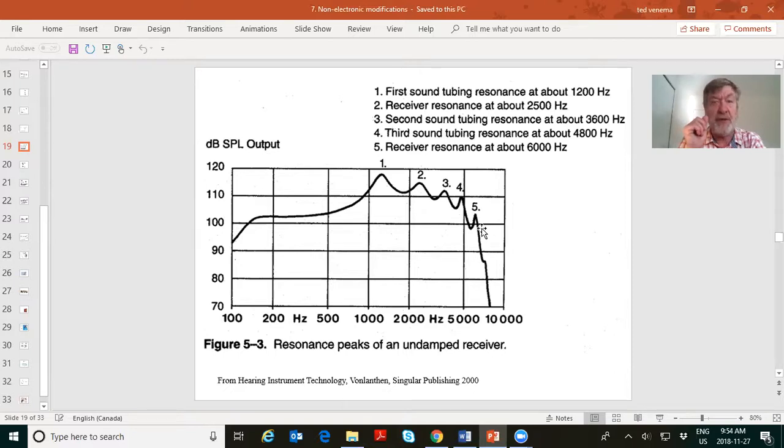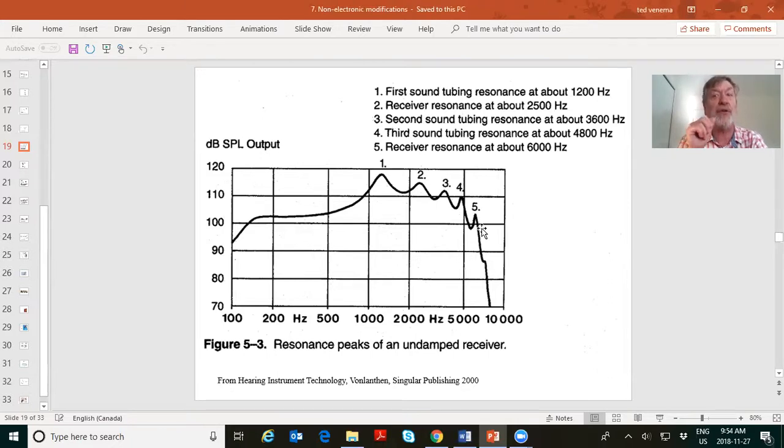Don't think you have to memorize these, because I don't know what they are either, so leave them alone. Just realize that peaks in the frequency response of a hearing aid come from the internal resonances of the pieces and parts inside. Now, these peaks don't always sound good to people, and they also cause feedback.